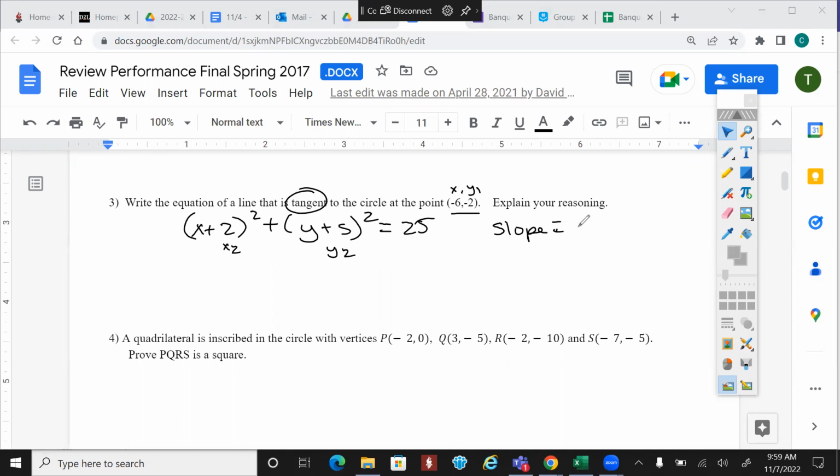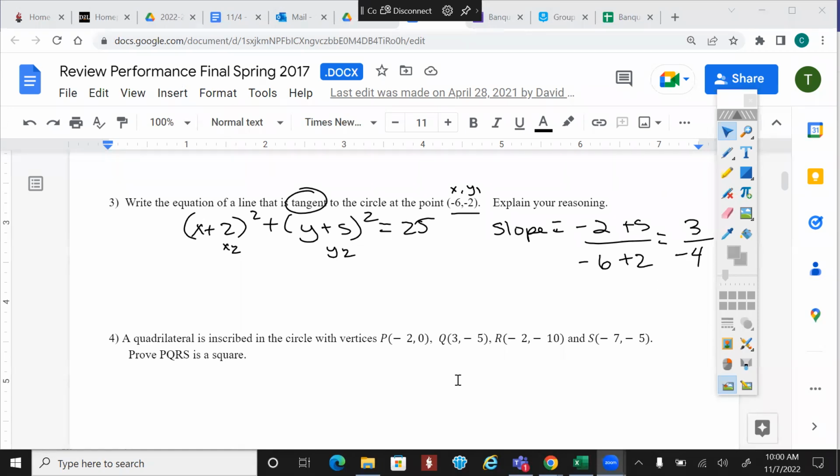So we're going to do -2 minus, and this point is going to be -5, right? So we're going to have +5 over -6 minus -2. So this slope is going to be 3 over -4.